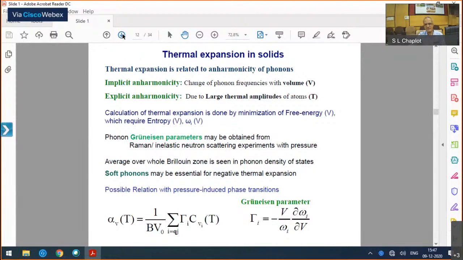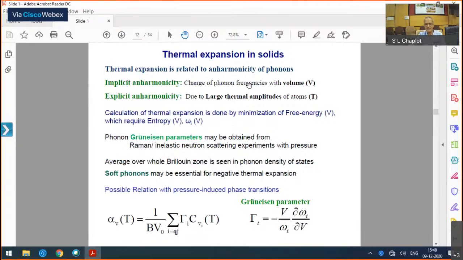This is just one specific example of a thermodynamic property, called thermal expansion. Again, we will not go into details. This arises from anharmonicity of phonons, but this anharmonicity can also be partly derived from the harmonic or quasi-harmonic phonons. As we said, there is a quasi-harmonic approximation which can give us how the frequencies will change as a function of volume.